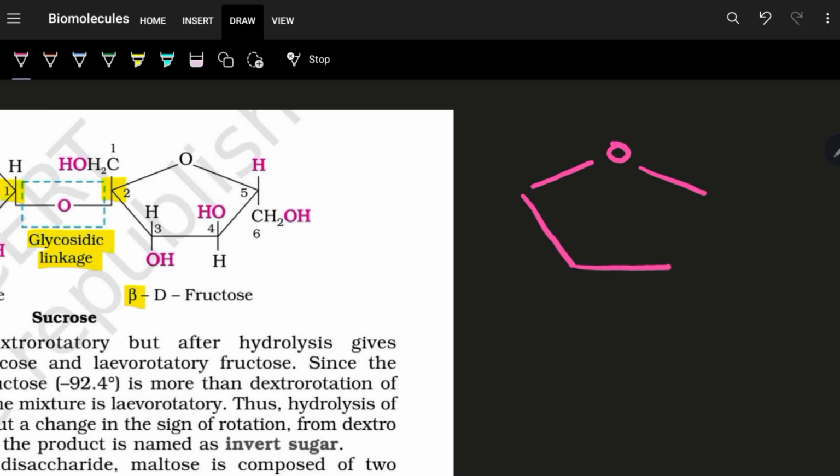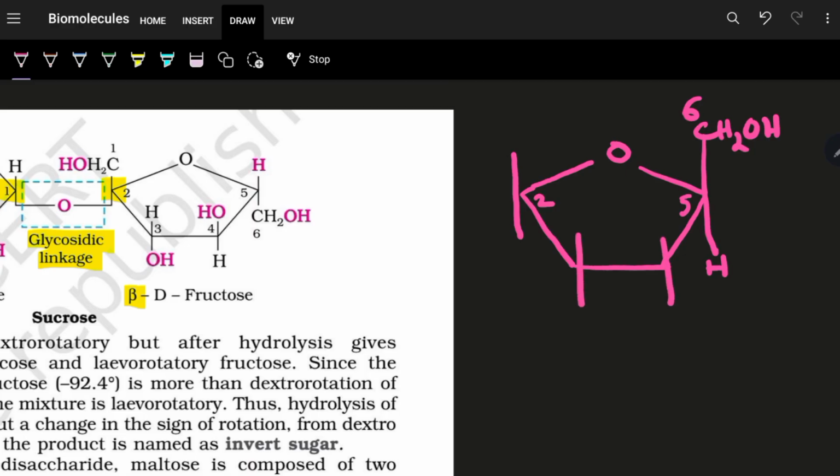So this is the fructose structure, and if I say one is C2, the other is C5, and in C5 you always have to form this first CH2OH, which is carbon number 6, and this is H. So each position is having bonds like this, and in C2, if I say it is beta form of fructose, then obviously OH is on the left hand side in the Fischer projection and above the plane in Haworth structure.